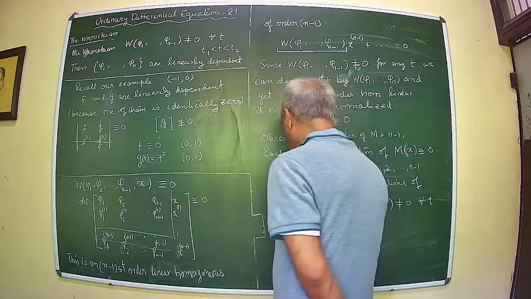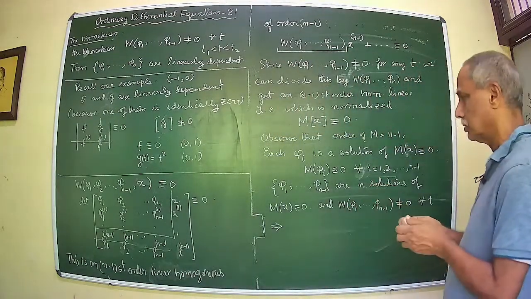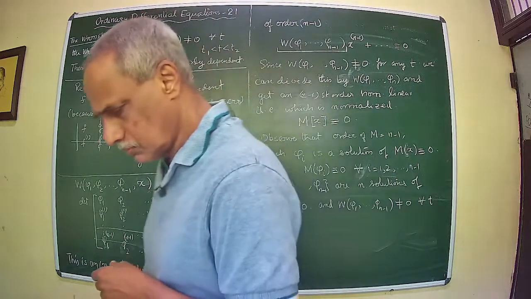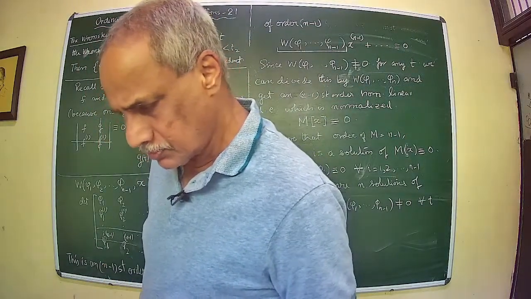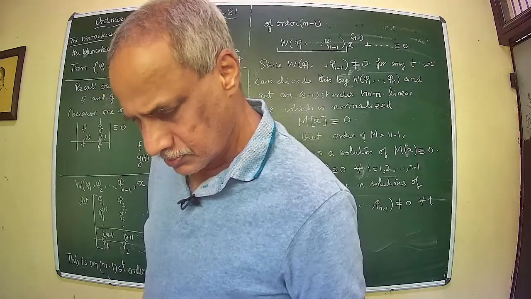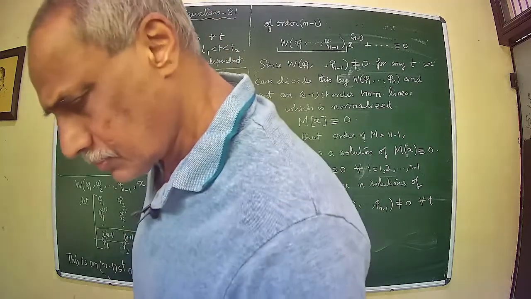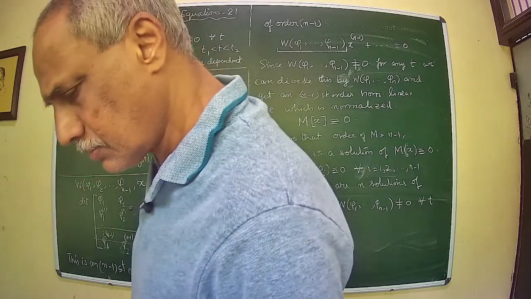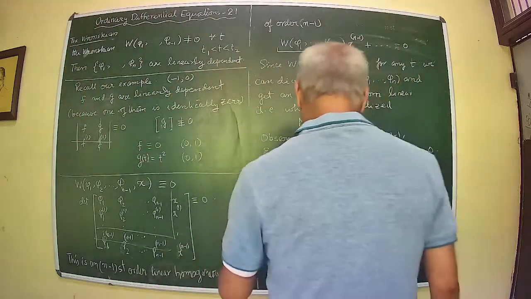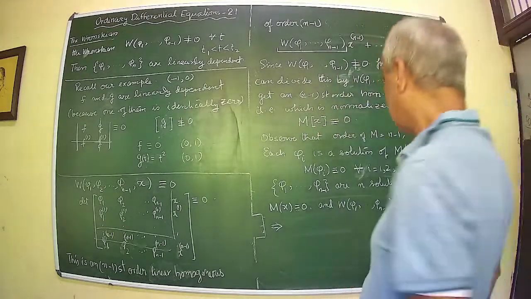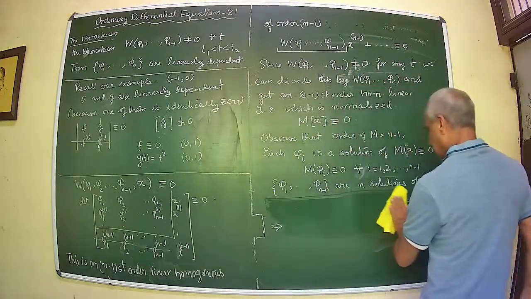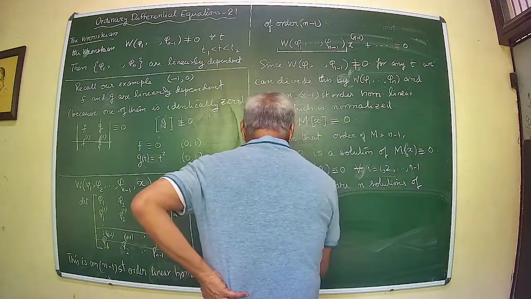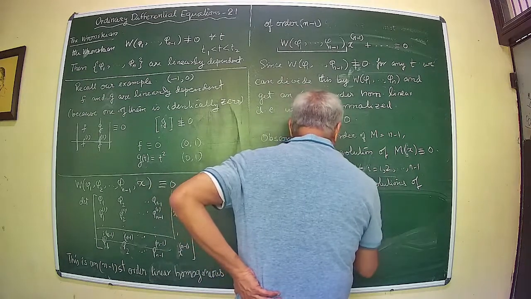This implies, okay, I will also prove this. Further, m phi n is also equal to 0.